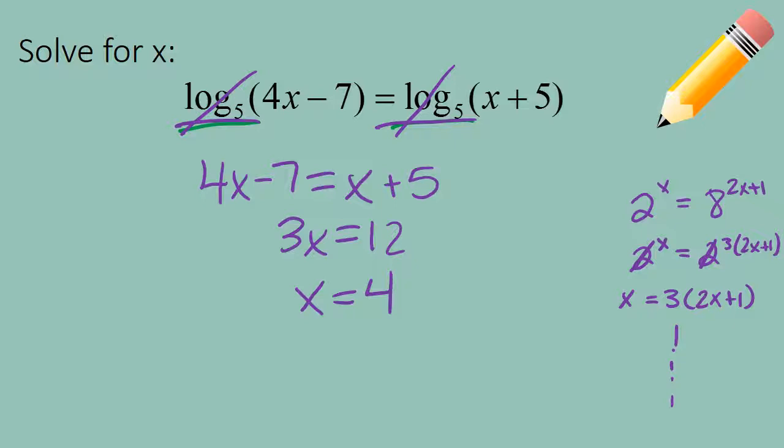To check my work, if I plug in 4 into my expressions, 4 times 4 is 16, 16 minus 7 is 9, equals, if you look at the other side, log base 5 of 4 plus 5 is 9. So without even knowing what that actual numerical value is, I can see that it's a true statement.